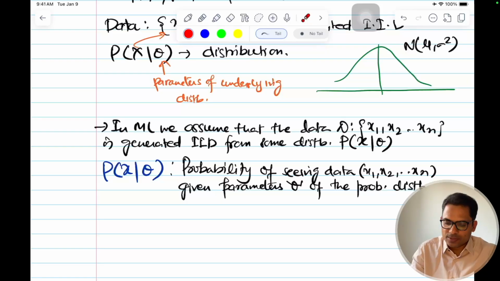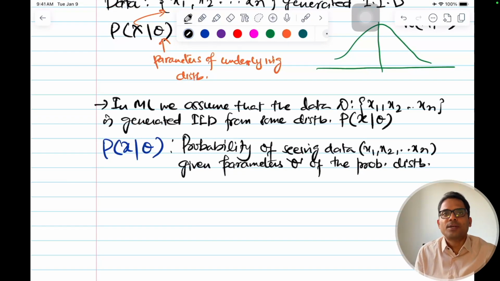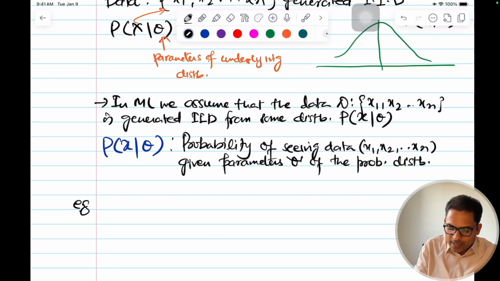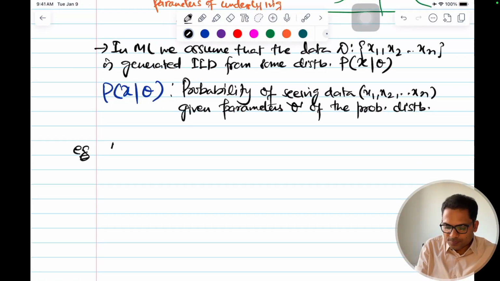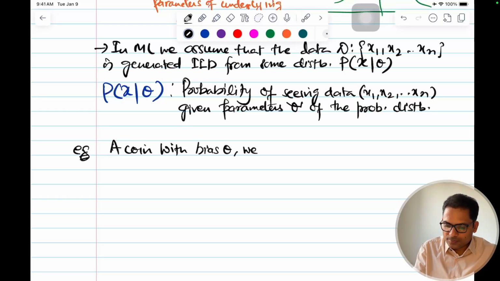Okay, for example, this is the Gaussian. If you have Bernoulli, I'll take the simplest example, Bernoulli trials, and proceed with that. For example, I have a coin with bias theta, and we can model it as a Bernoulli random variable, Bernoulli trials.